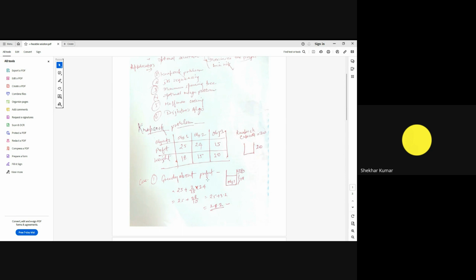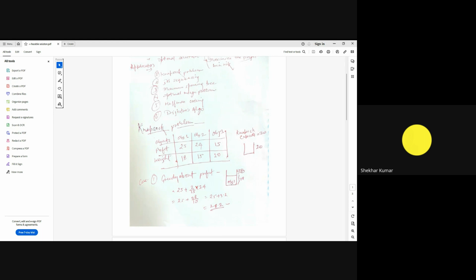Because we want the maximum profit, object 1 has the highest profit, 25, and the remaining are 24 and 15. Then we will put this object in the knapsack.